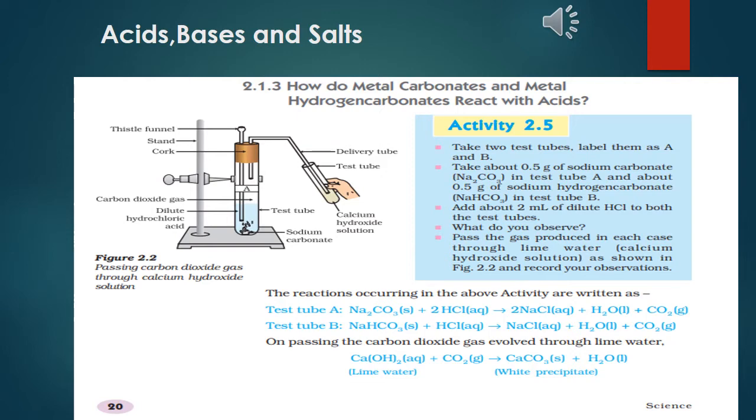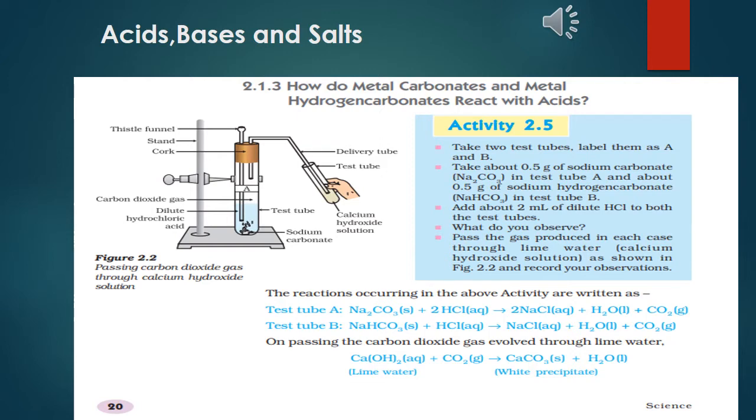In test tube B, since we have kept sodium hydrogen carbonate, after adding HCl, the reaction takes place to form sodium chloride along with water and carbon dioxide. So you can see in both test tubes the gas liberated is carbon dioxide.